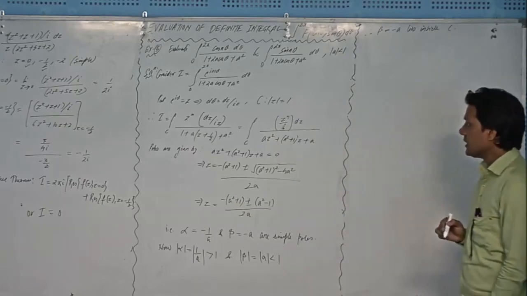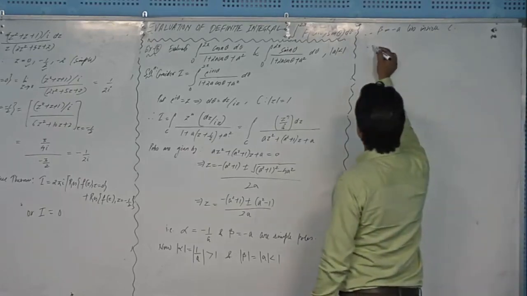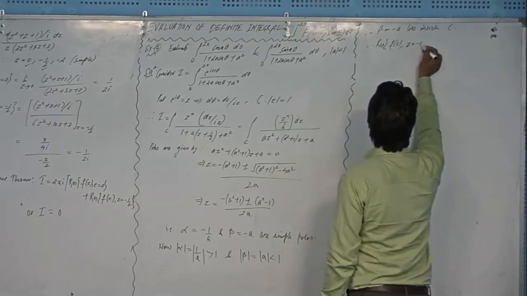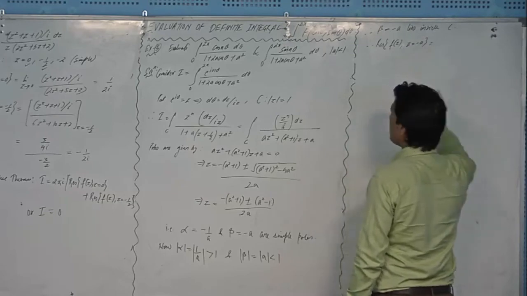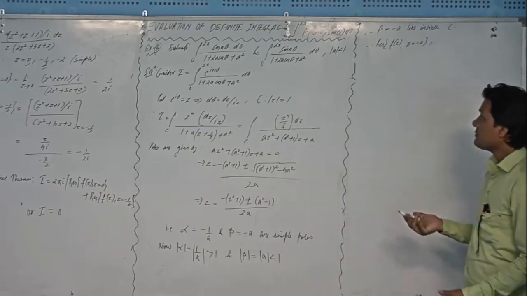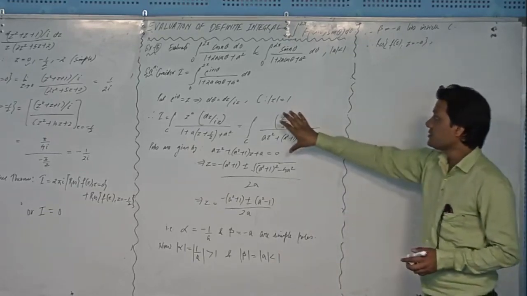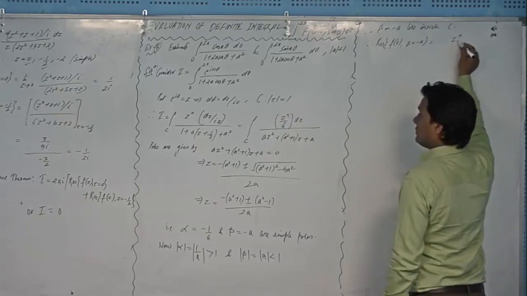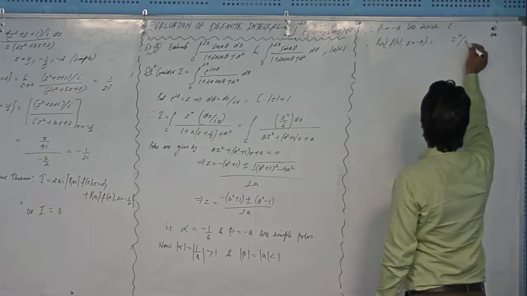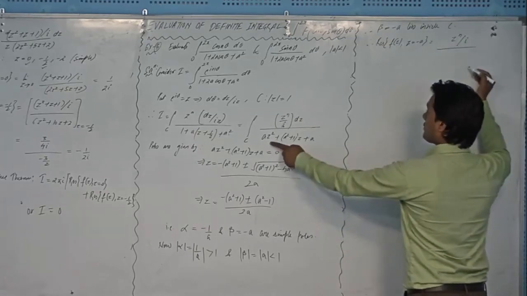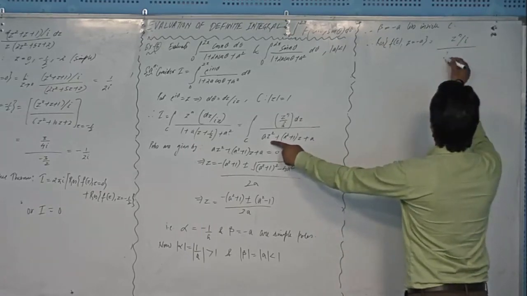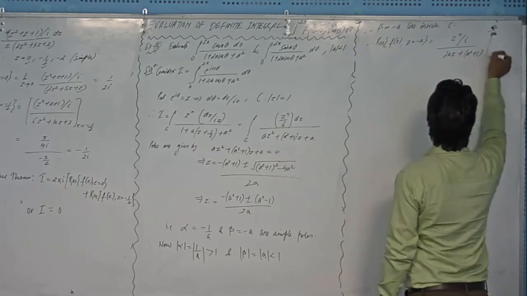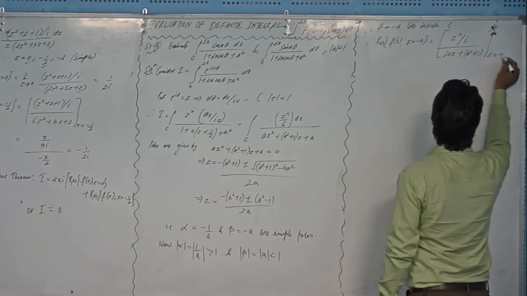Okay. Now residue. Therefore the residue of the function at z equal to minus a will be given by, it is a simple pole obviously. Where is my integrand? Yeah, this is my integrand, right? So z to the power n over iota, upon the differentiation of the denominator, because it's a simple pole, that will give me 2az plus a square plus 1, and then I will put z equal to minus a here.